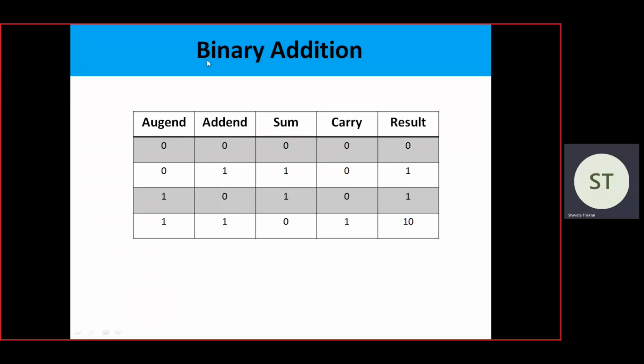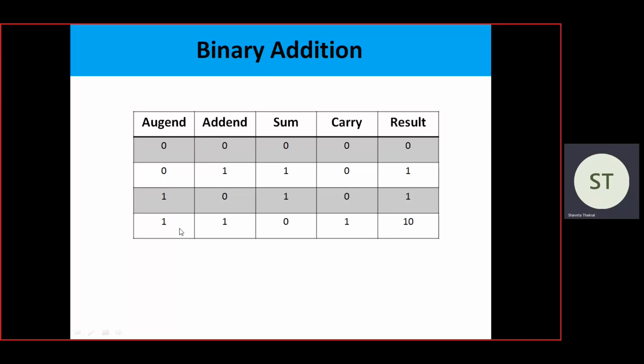If we talk about binary, we have two possibilities. Either the augend or addend can be 0 or 1. So the augend can be 0 and the addend is also 0, first possibility. Second, the augend is 0, addend is 1. Third, the augend is 1 and the addend is 0.